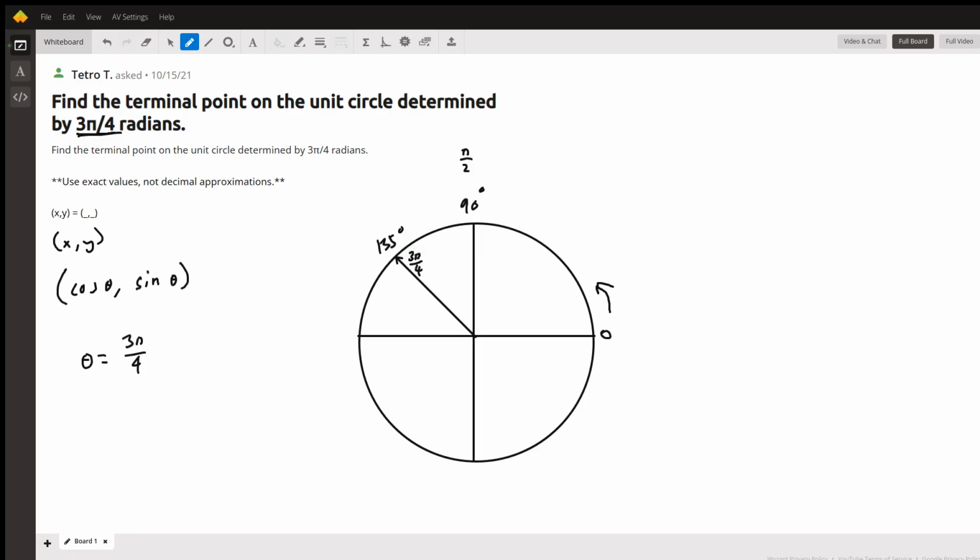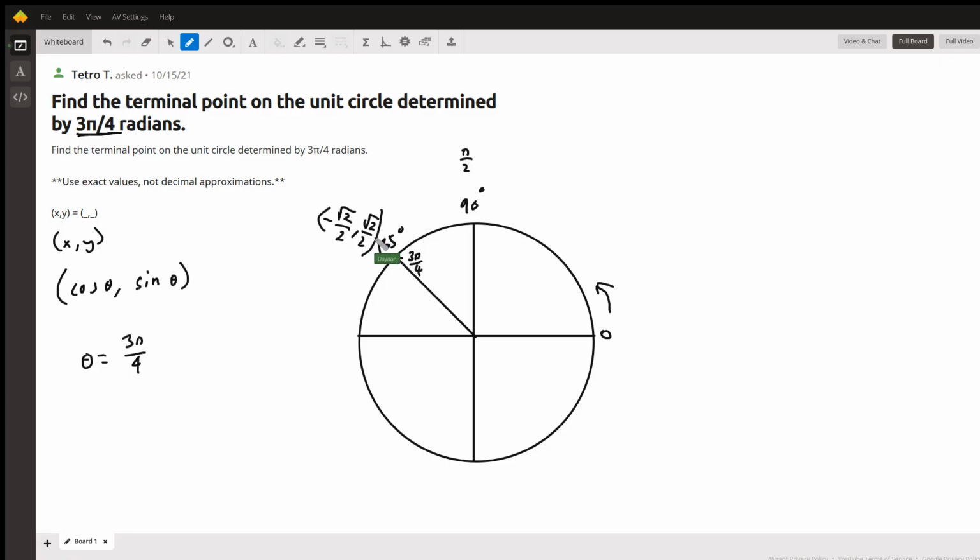Now we're basically finding cosine of 135 or cosine of 3 pi over 4 and sine of 3 pi over 4. And people who have memorized the unit circle know that the terminal point will be negative radical 2 over 2, comma, radical 2 over 2. And that's basically what your answer is.